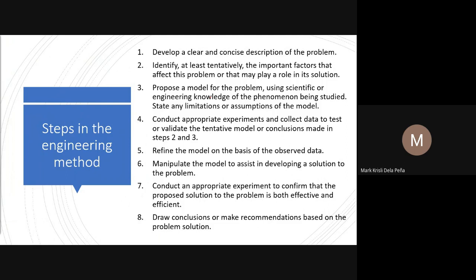So that may result in a solution, or otherwise we call it formulate the possible factors. Okay, what are the possible causes of this problem? Okay, what are the factors that affect or that may play in the solution to the problem.